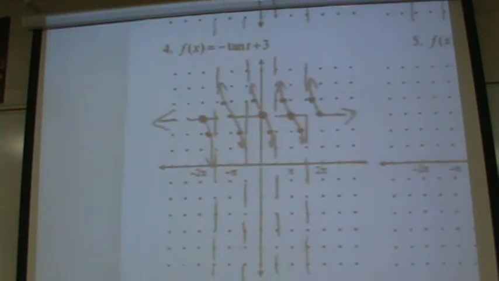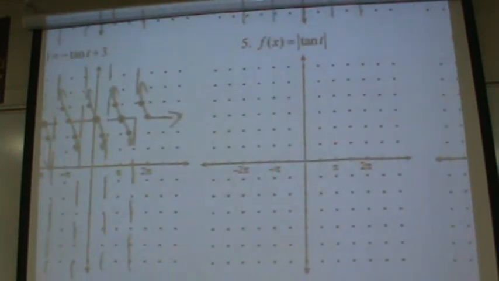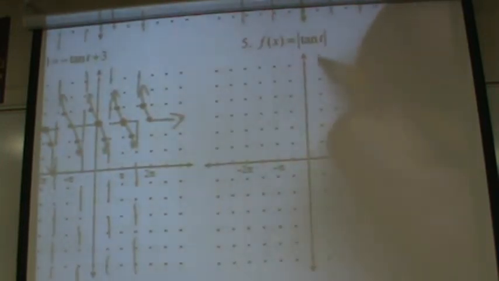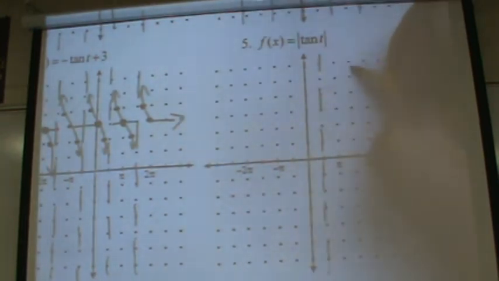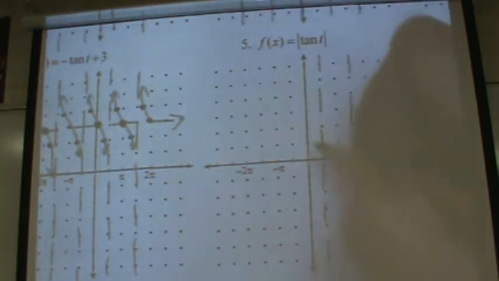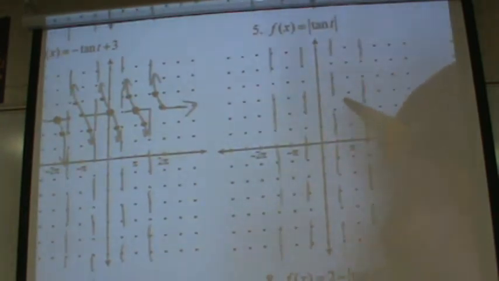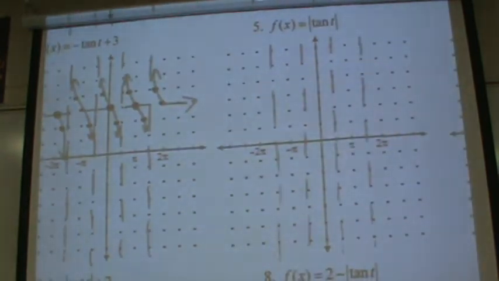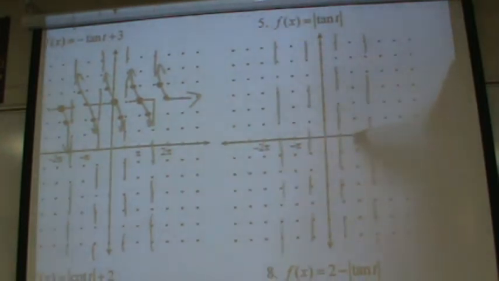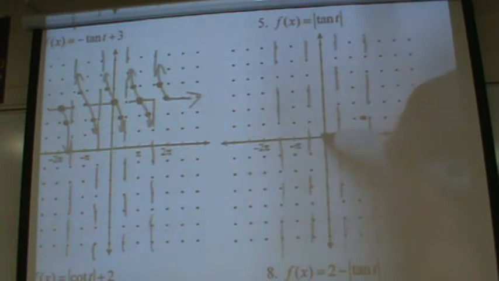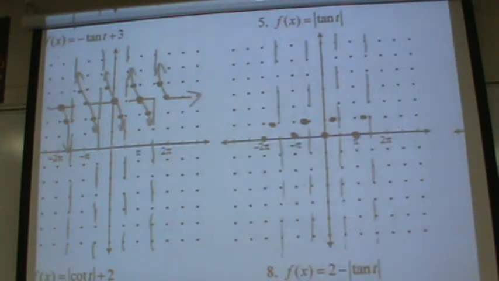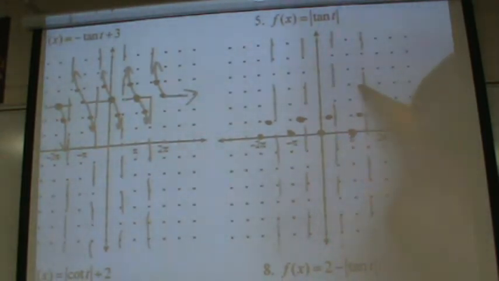Number 5, it's a tangent, absolute value. Where are your asymptotes for tangent? Pi over 2, 3 pi over 2. Your x-axis is your normal x-axis. Now normally this is what the tangent graph looks like.